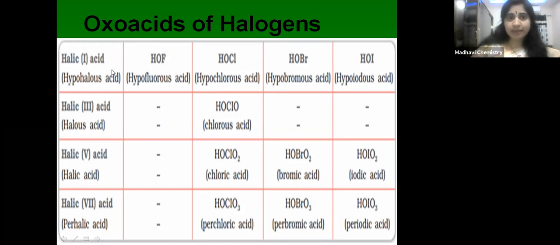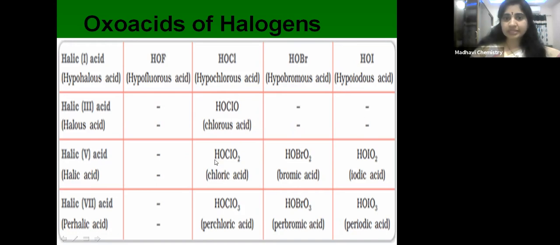So now let us see fluorine. It can form only hypofluorous acid, that is HOF. Next, chlorine can form hypochlorous acid, chlorous acid, chloric acid, perchloric acid. What is the formula of hypochlorous acid? HOCl. Chlorous acid, HOClO, you can write it like this, HClO2.